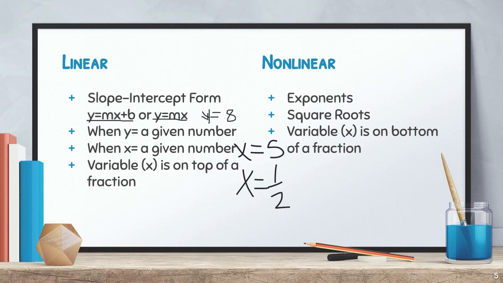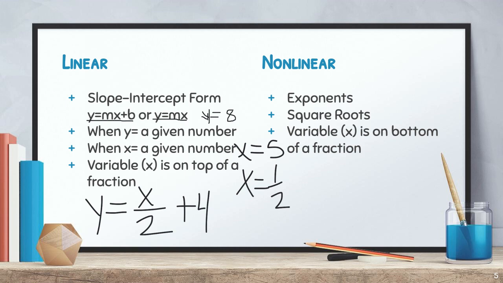So if I have a variable that is on top of a fraction, so let's say I have y equals x over 2, so I have the variable on top. If x is on top, it is linear. Even if it's like y equals x over 2 plus 4, still linear. It doesn't matter, if x is on top, it is linear.